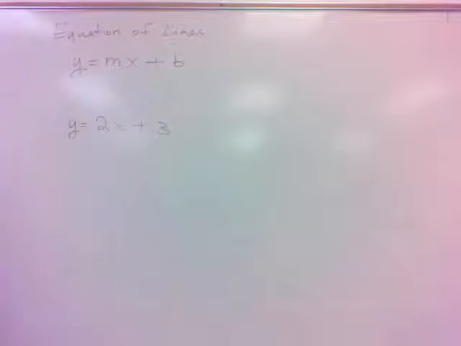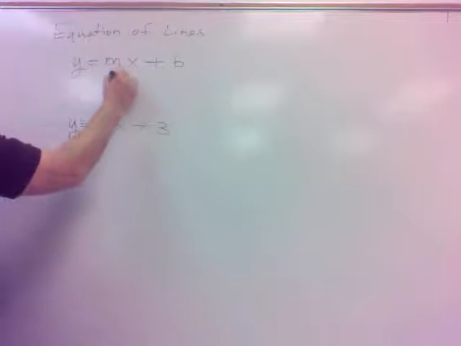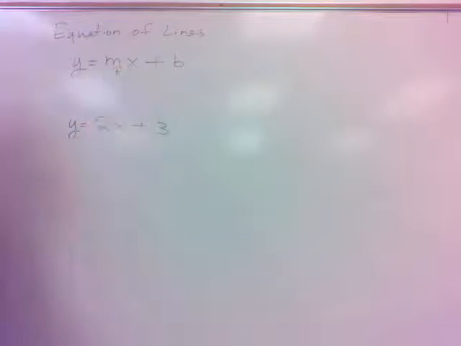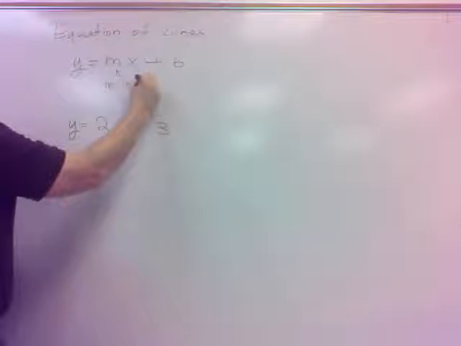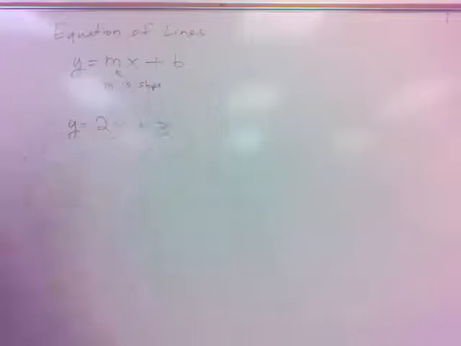Well, the reason it's a pretty nice form of the equation is because if we have this form, the m is just like we were just talking about. m is slope. So if we have this form of the equation of a line, we can read the slope right off of the equation.